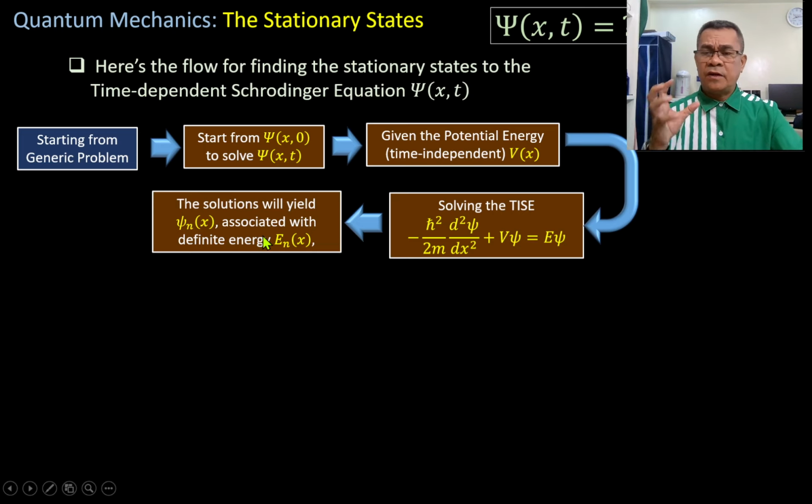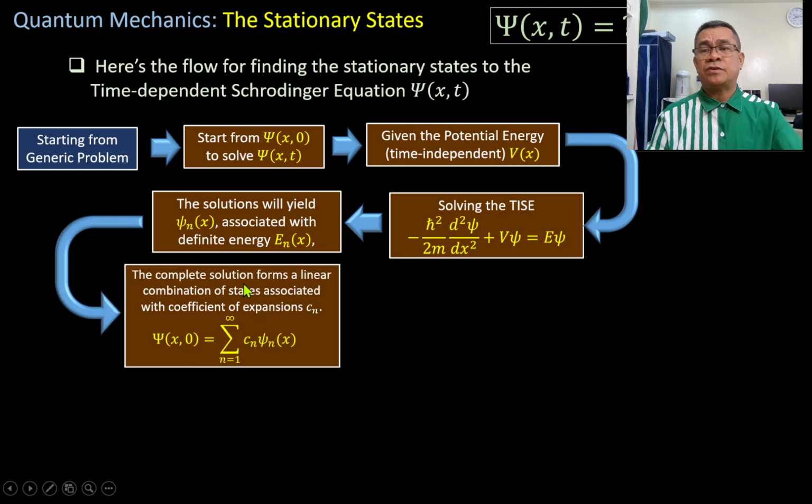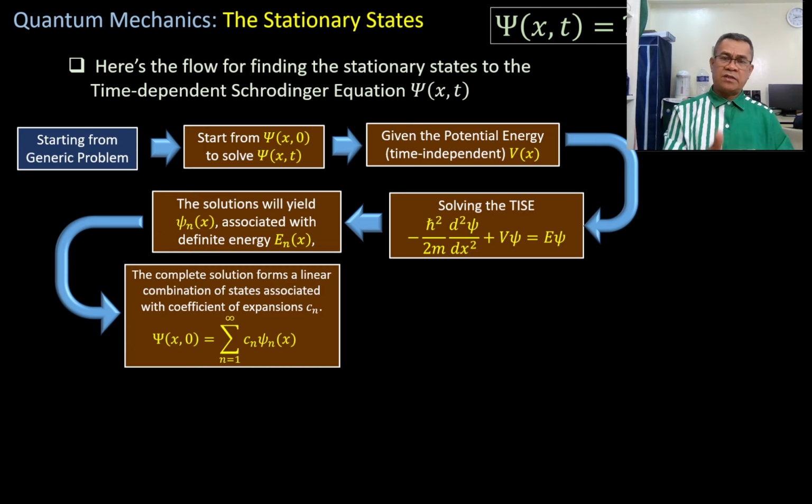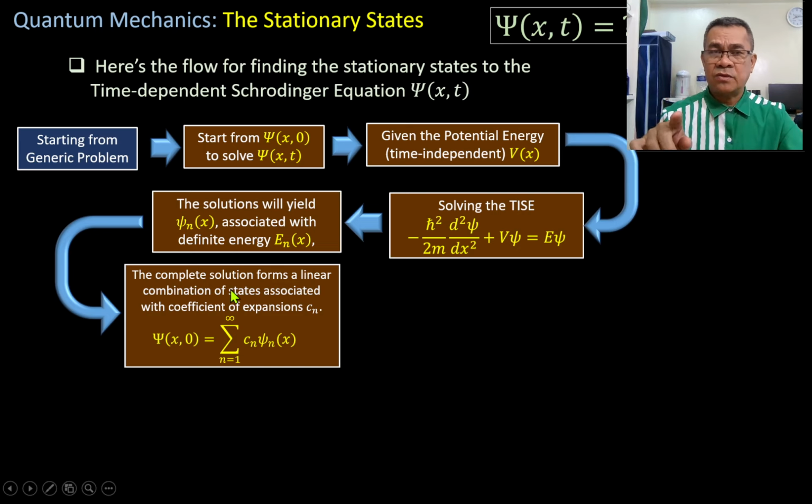Hence, if you are looking for the complete solution of this stationary states, you need to sum up all the states, meaning sum up psi 1, psi 2, psi 3. But for every state in the sum, we have the so-called expansion coefficient.